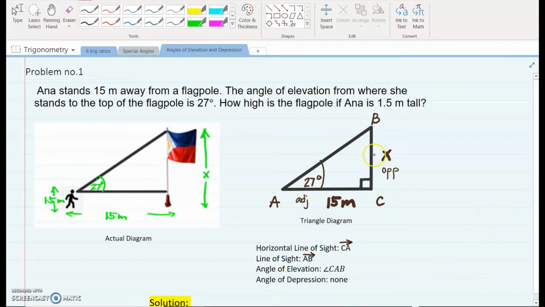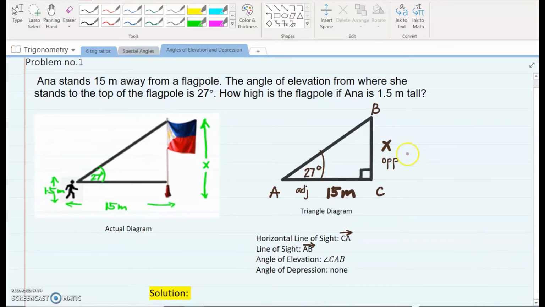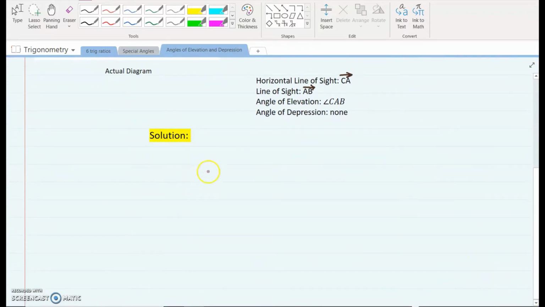We can actually solve this using the 6 trigonometric functions. We can relate 27 degrees as opposite over adjacent. If we recall SOHCAHTOA, TOA stands for tangent. So we can write tangent 27 is equal to the opposite, which is x, over the adjacent, which is 15.